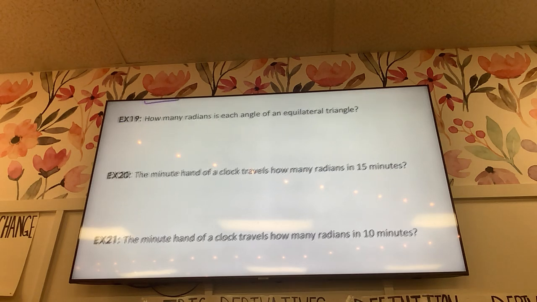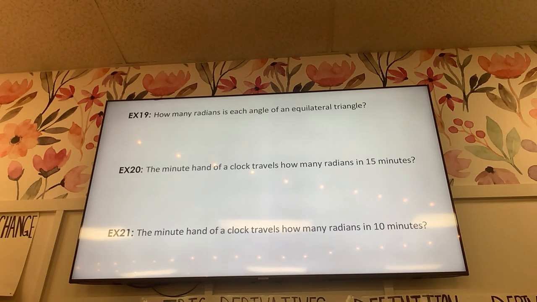All right, so 19 says how many radians are in each angle of an equilateral triangle. Since we are more familiar with degrees, you could work this whole problem out in terms of degrees, and then at the end, change it to radians. So in a triangle, how many degrees do I have in a full triangle? 180. So your total is 180 degrees. Now, if it is equilateral, each angle is 60, 60, 60.